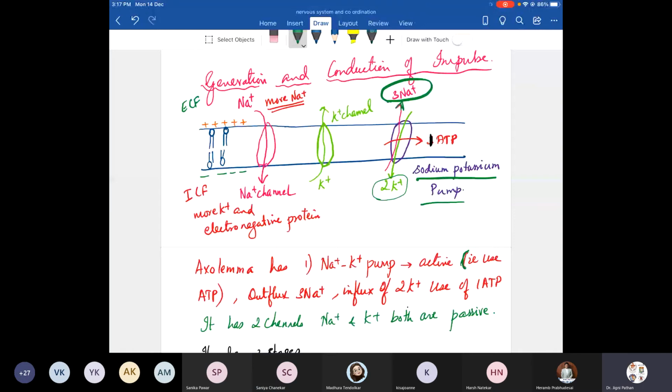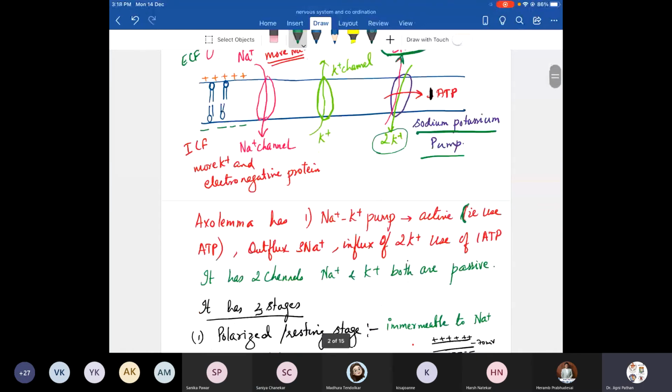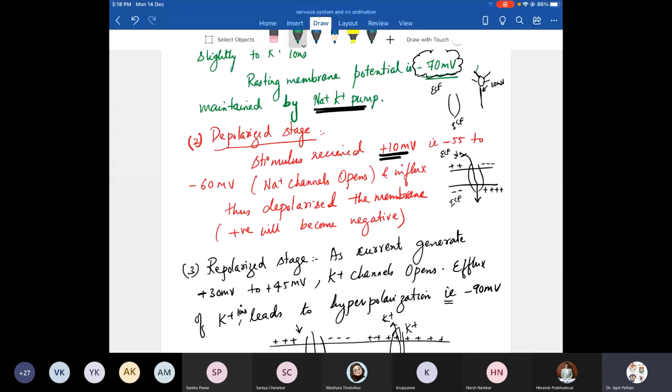Now, listen to me. This conduction has 3 stages. First is polarized stage, second is depolarized stage, and third is repolarized stage. So everybody please write down this.